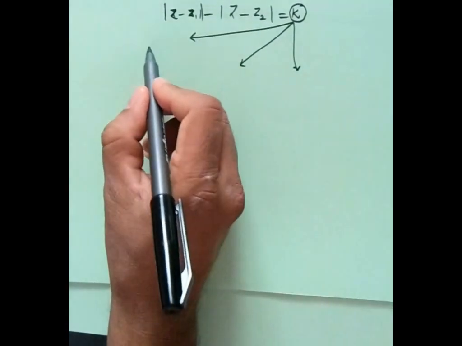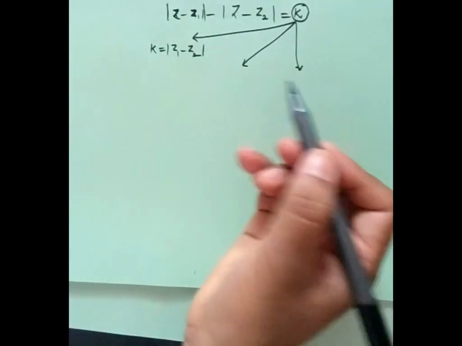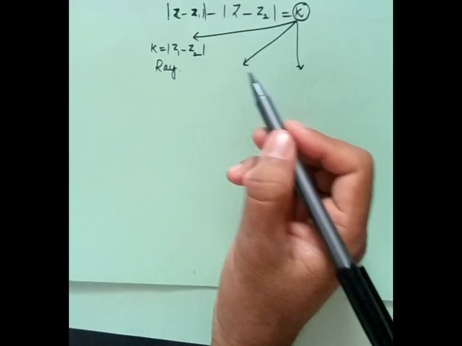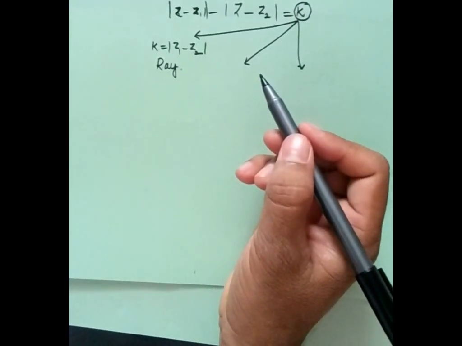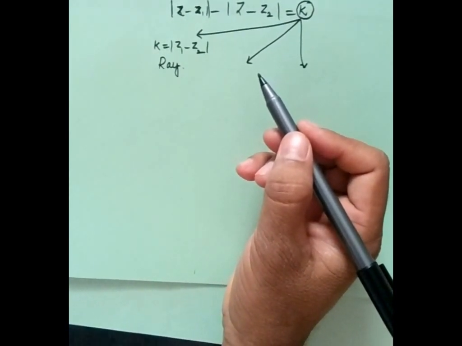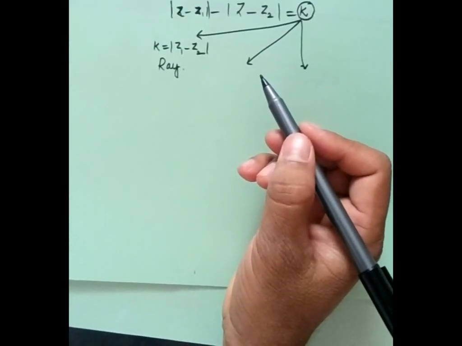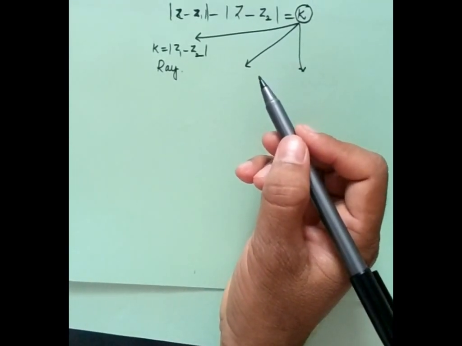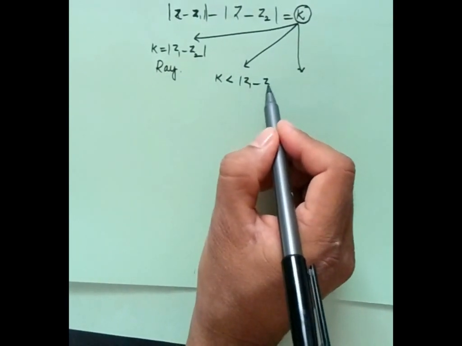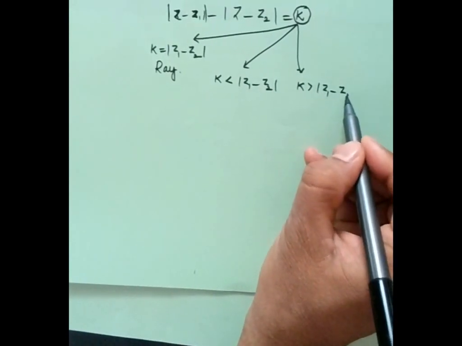If k equals modulus of z1 minus z2, the locus is a ray. If k is not equal to modulus of z1 minus z2, it means either k is less than or k is greater than modulus of z1 minus z2, so we divide into two cases.